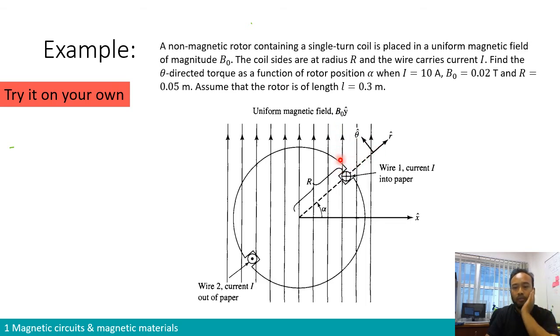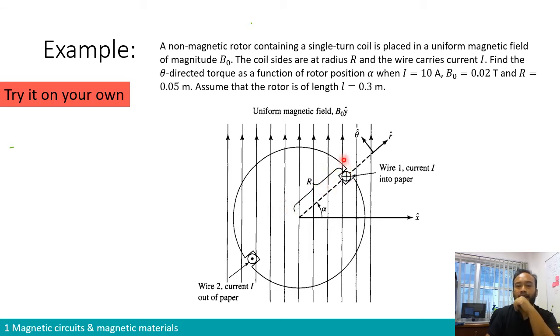If you want to calculate torque, it is basically the force multiplied by the radius, but the force needs to be tangential to the radius. So we need to find the force following the direction theta, and then multiply by r to find the torque.